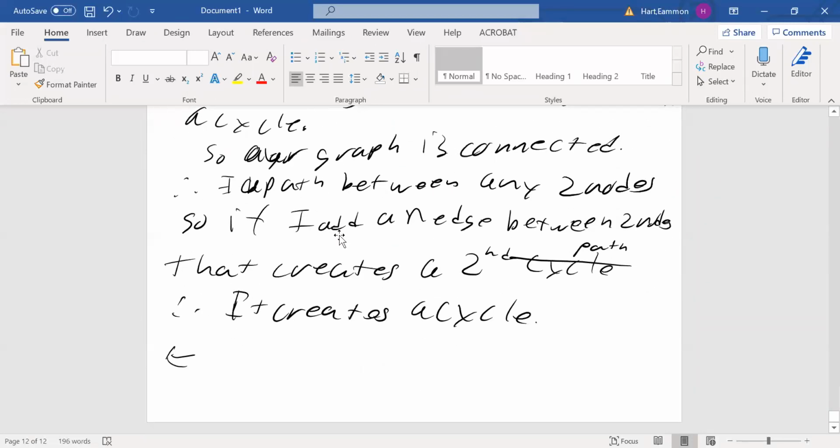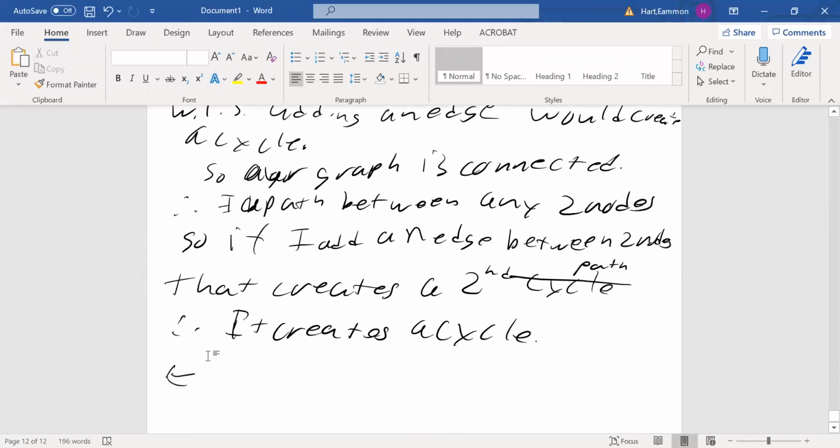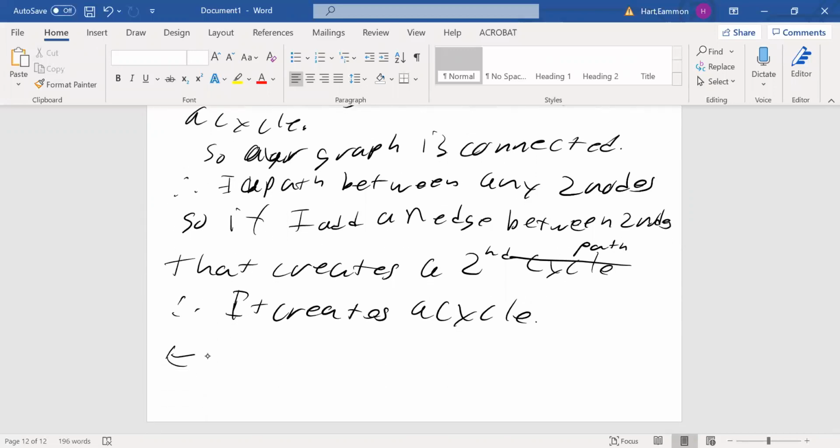So here, we assume for contradiction that G is disconnected.